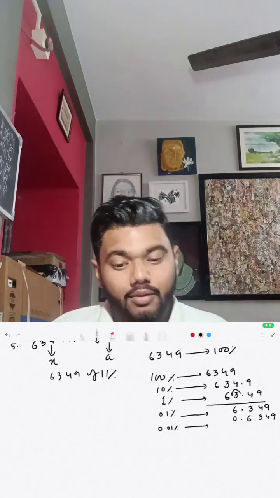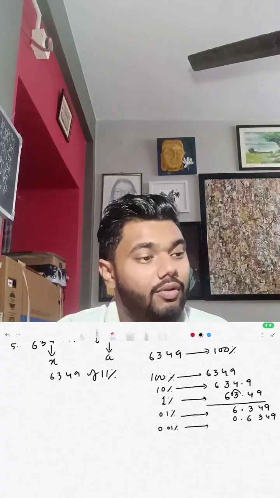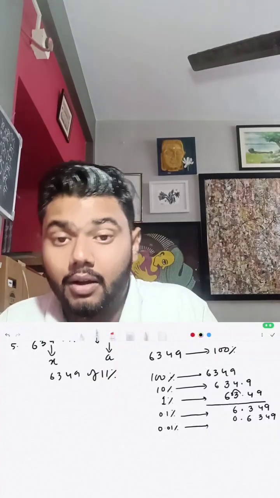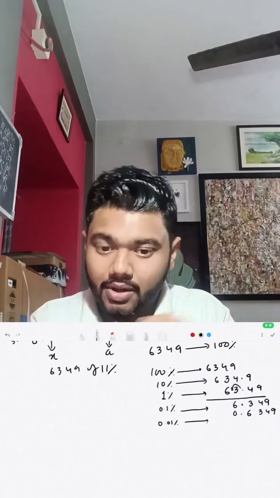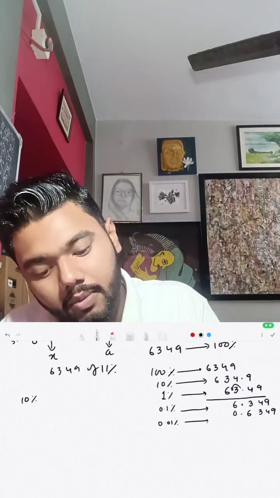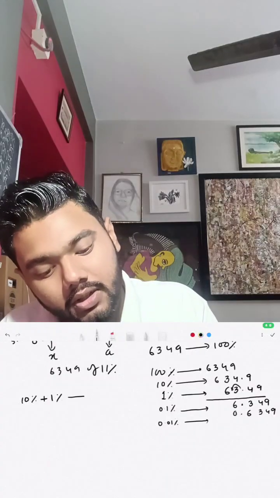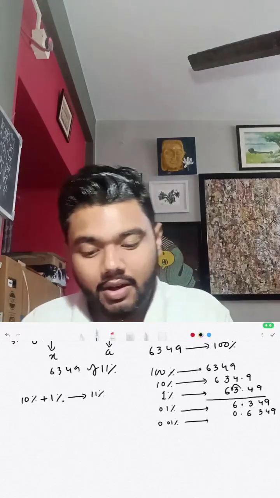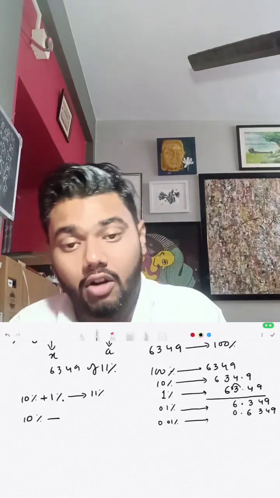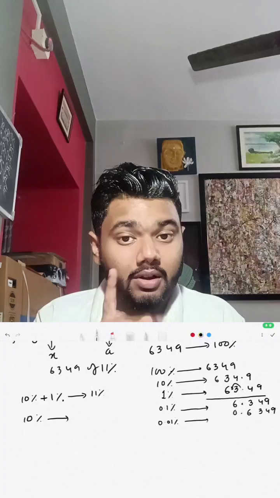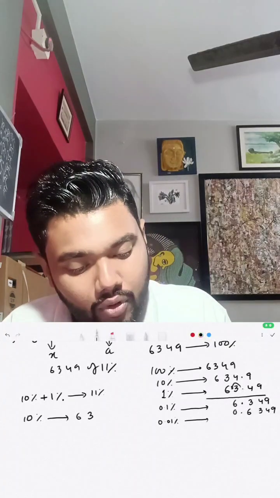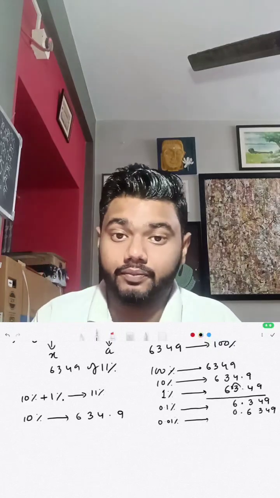So here, when it is given 6349 of 11%, first we write 11% as 10% plus 1%. 10% plus 1% is 11%, right? So 10% of 6349, see how I am writing. This is the process you will follow. 634.9 done.